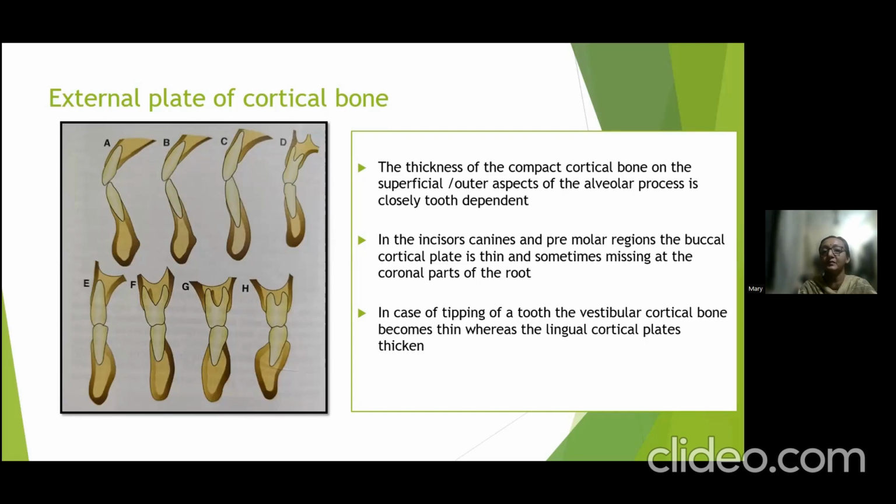In case of canines and premolars, the cortical plate is usually thin in comparison to the coronal parts of the roots. And in case of tipping also, when the tooth has a labial tip, the cortical plate will usually be thinner on the labial side in comparison to the lingual or palatal process, where the cortical plate will be thicker.